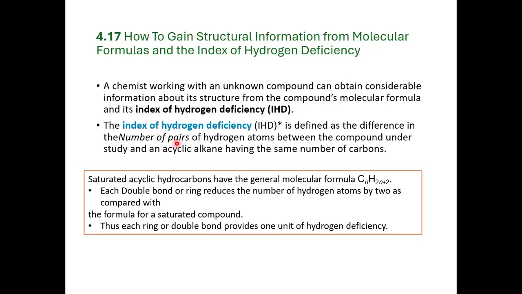What is the index of hydrogen deficiency? It is simply defined as the difference in the number of pairs of hydrogen atoms between the compound under study and an acyclic alkane having the same number of carbons. So for example, the saturated acyclic alkane, the normal alkane, versus the unsaturated hydrocarbon.